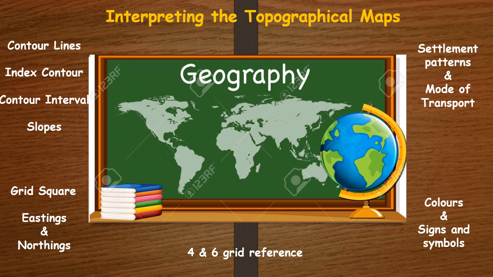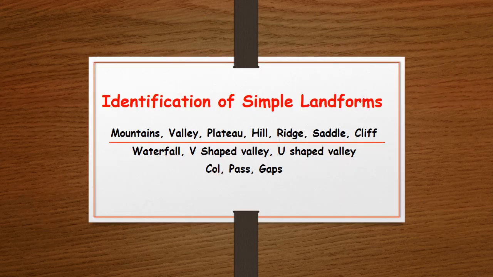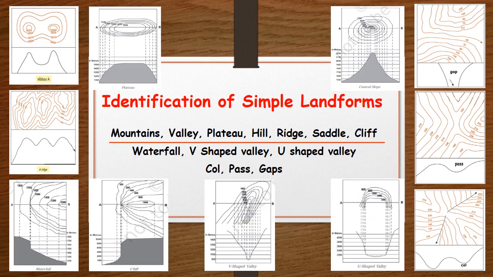Without colors, signs and symbols, no map can be interpreted. We have also discussed the identification of simple landforms with the help of contour lines, such as mountain, valley, plateau, hill, ridge, saddle, cliff, waterfall, V-shaped valley, U-shaped valley, col, pass, gaps and many more.